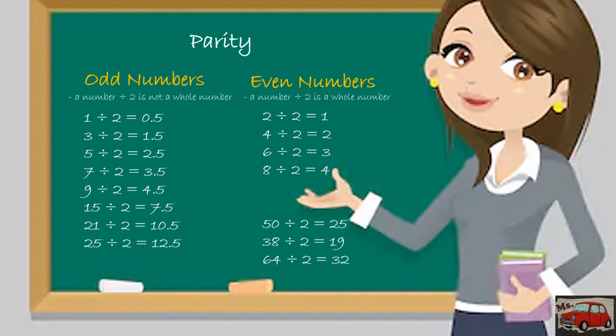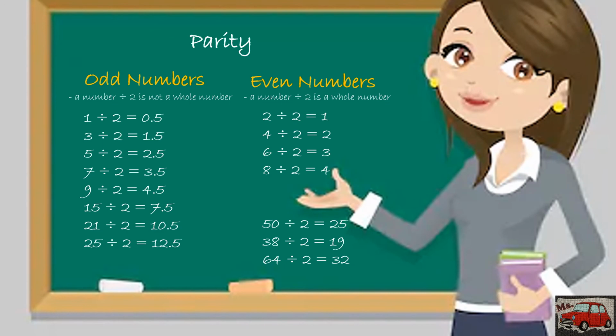Si 7, pag dinivide mo sa 2, 3.5. Unlike even numbers, ito naman yung mga numbers na kapag dinivide mo sa 2, ang sagot is laging whole number. So, let's say si 2, pag dinivide mo sa 2, that is equivalent to 1. Si 8, pag dinivide mo sa 2, that is 4. Okay? So, that's the difference between odd and even numbers.